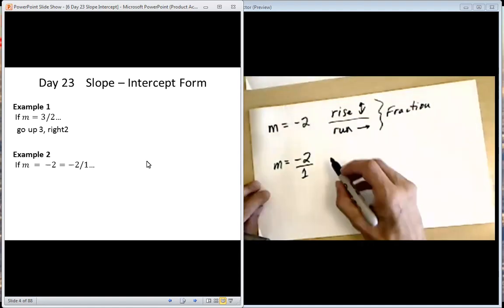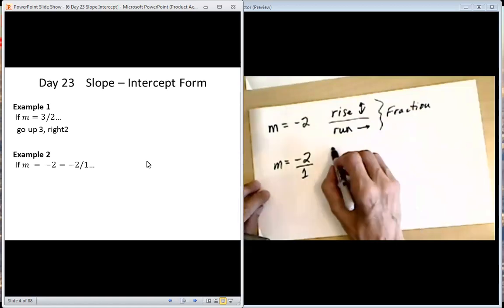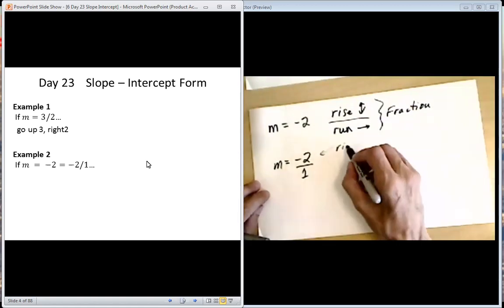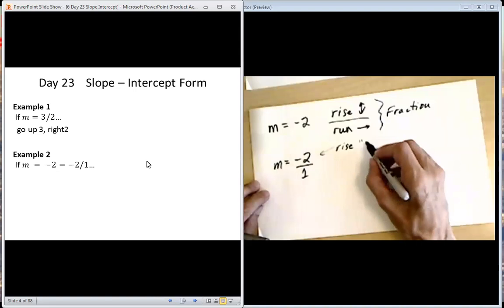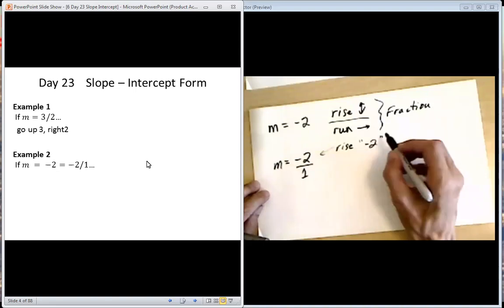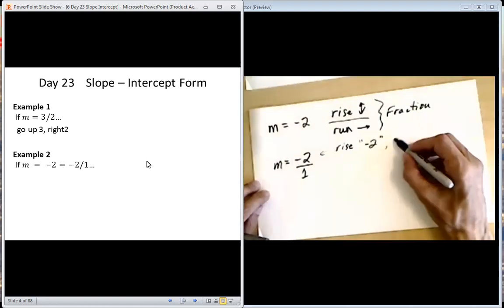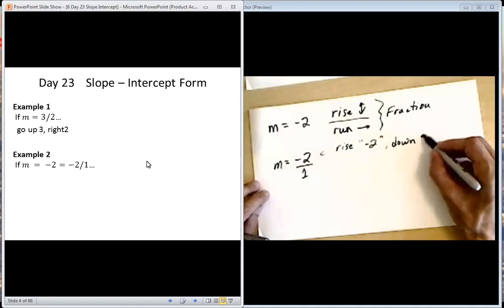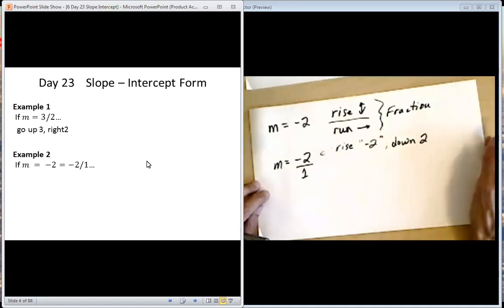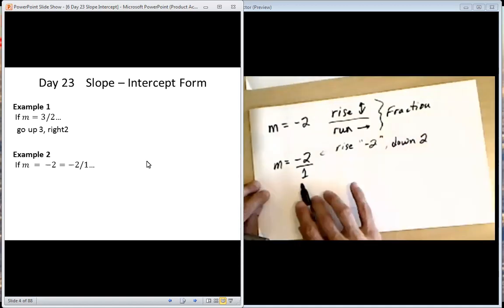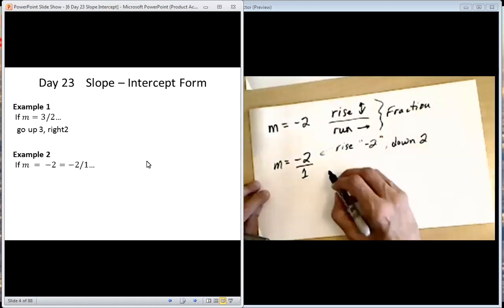And so now we know that the rise, if it's -2, is it going to be going up or going down? Well, down because it's negative. So down by 2. Over here, I'm going to try and always keep the bottom positive.